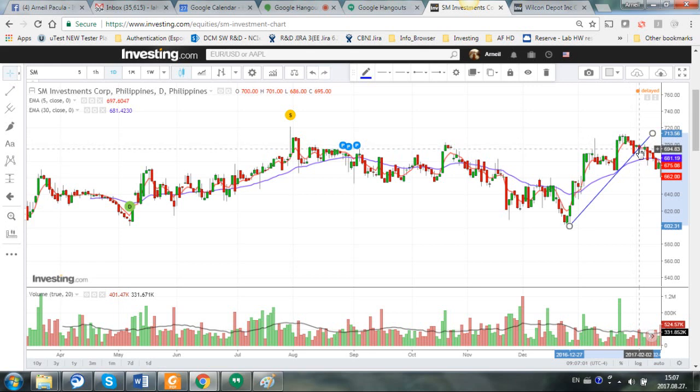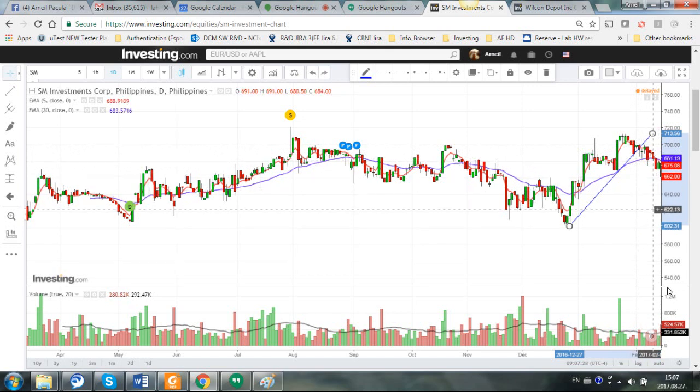So, it is already giving you a warning signal na, oy, this stock might be heading downtrend. Okay, that's your first signal na na-break niya yung trend line, but you need to confirm it also with moving average. So yung moving average, as you can see, heading towards the blue na nag-cross.